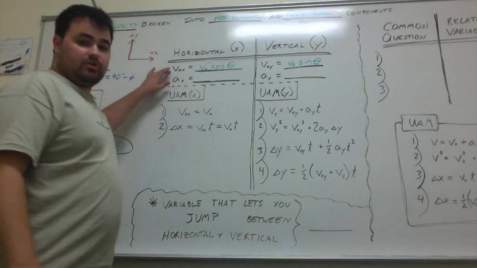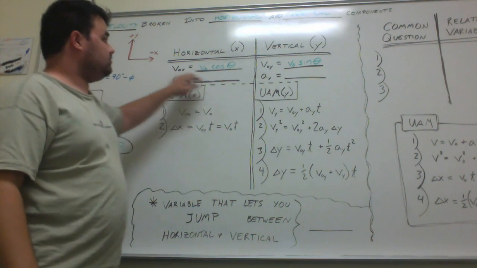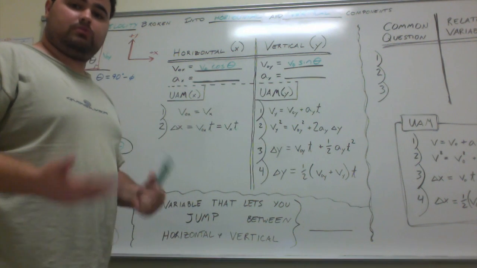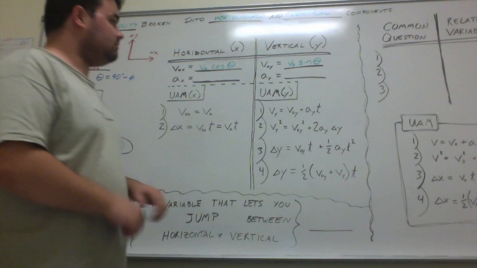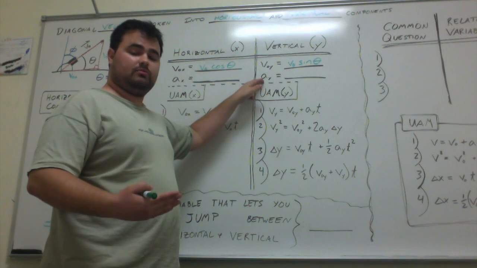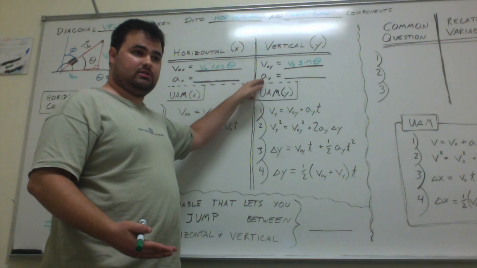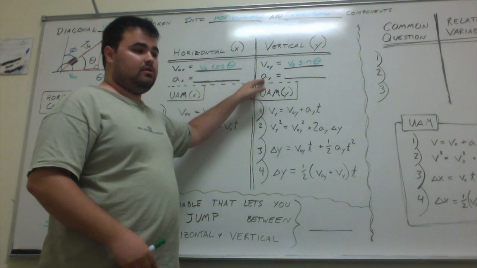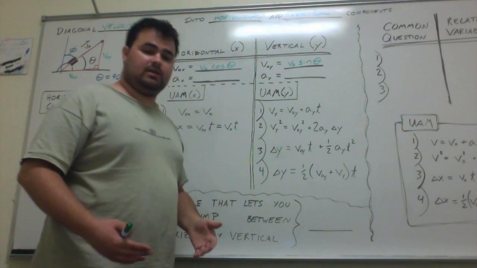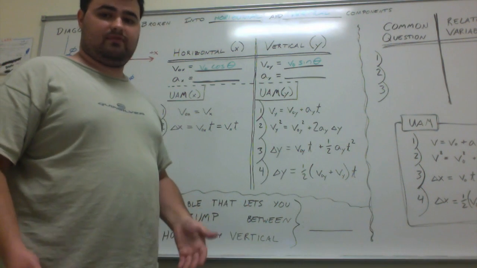So, finished with velocity, moving on to acceleration. As was said in the previous video, because we're dealing with projectile motion, the only force acting on our object is the force of gravity. And likewise, the only acceleration felt by our object is the acceleration due to gravity.